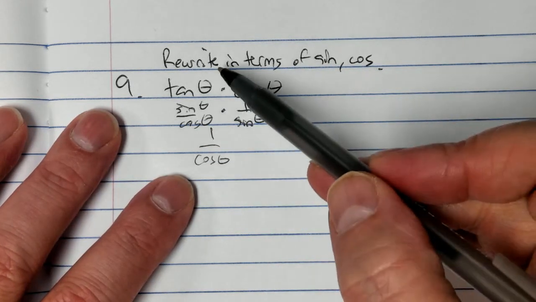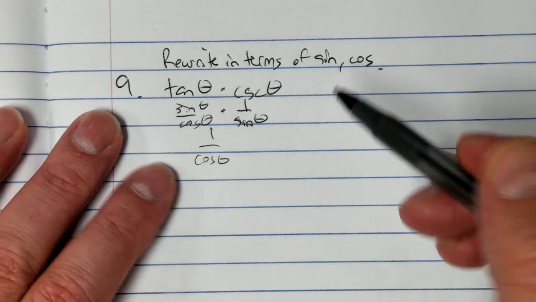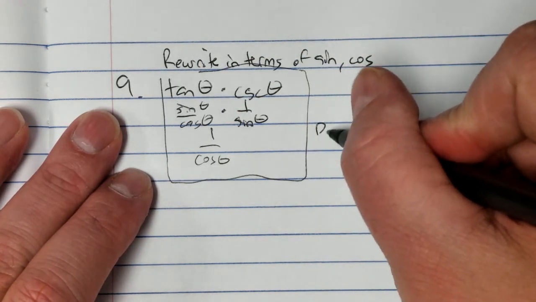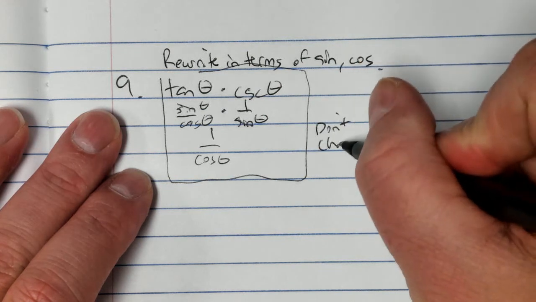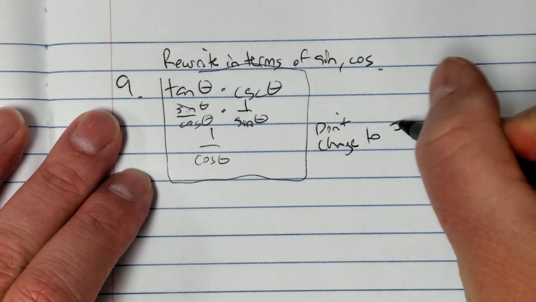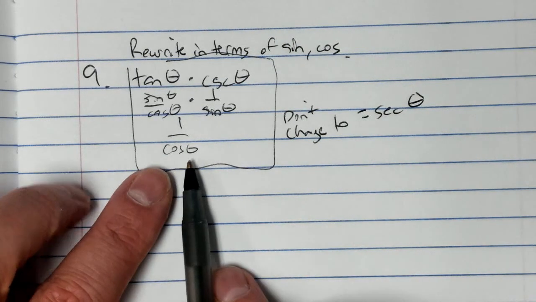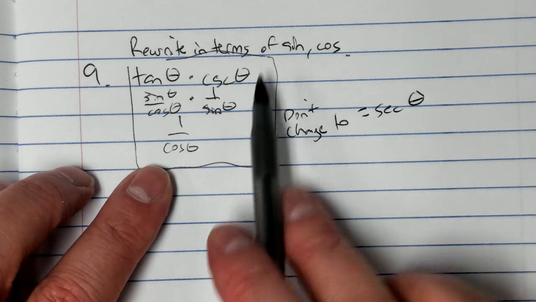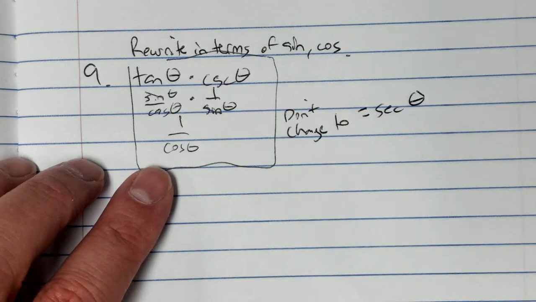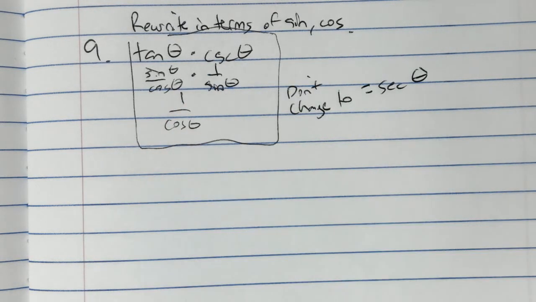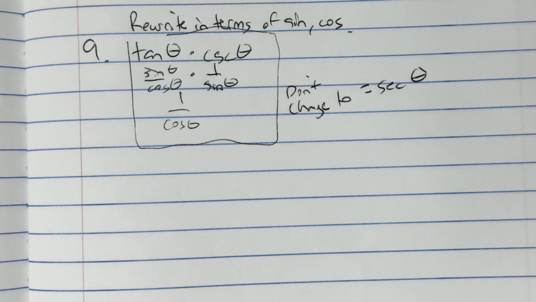Now, since the directions said rewrite in terms of sine and cosine, that's your answer. Don't change to equal to secant theta. Even though 1 over cosine is secant, we want to rewrite it in terms of sine and cosine. So you got to know when to stop. Any questions?